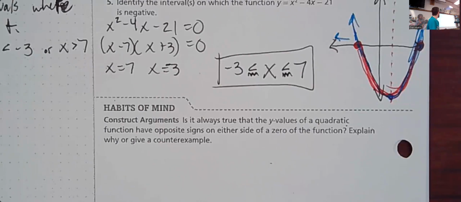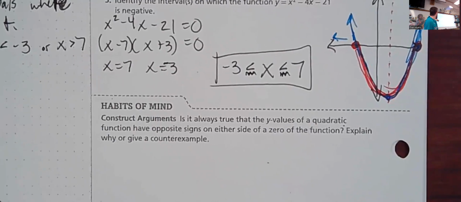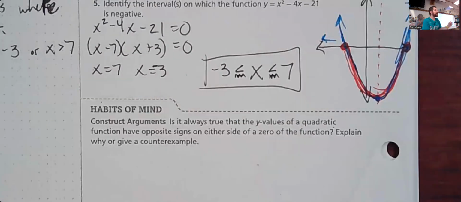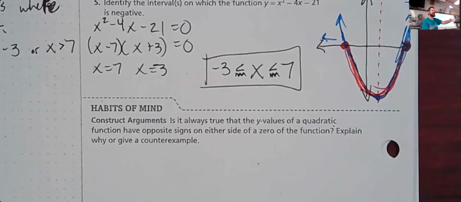Okay. I misunderstood the question. So it's asking, is it always true that the y values of a quadratic function have opposite signs on either side of it? So basically it's saying, will a quadratic function always come into contact or cross over the x-axis? No. Okay. That's probably a better way of asking that. This is kind of a convoluted way.